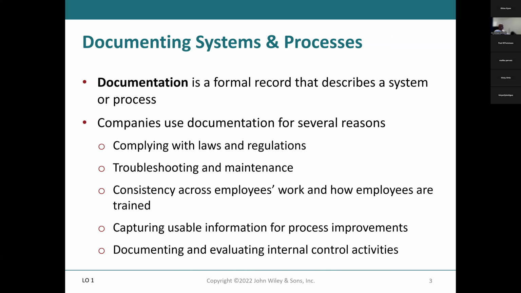So for us, documenting and evaluating internal control activities will be a big part of how you would use it in accounting, auditing, etc. Any questions, you can just send to me. Otherwise, I'm going to keep moving on.